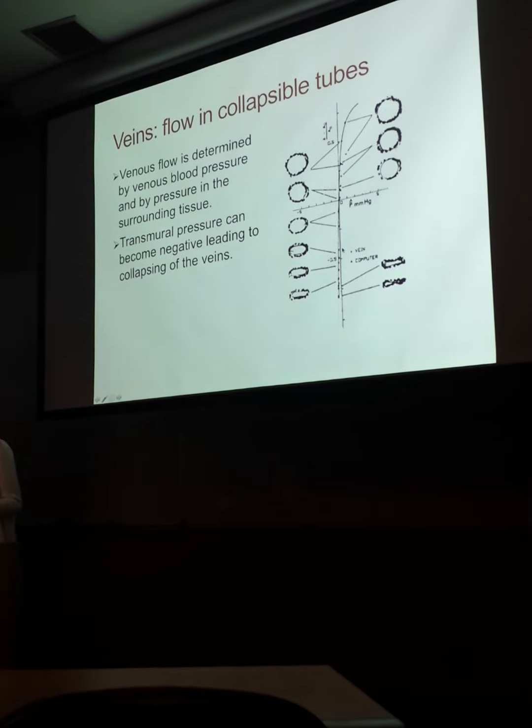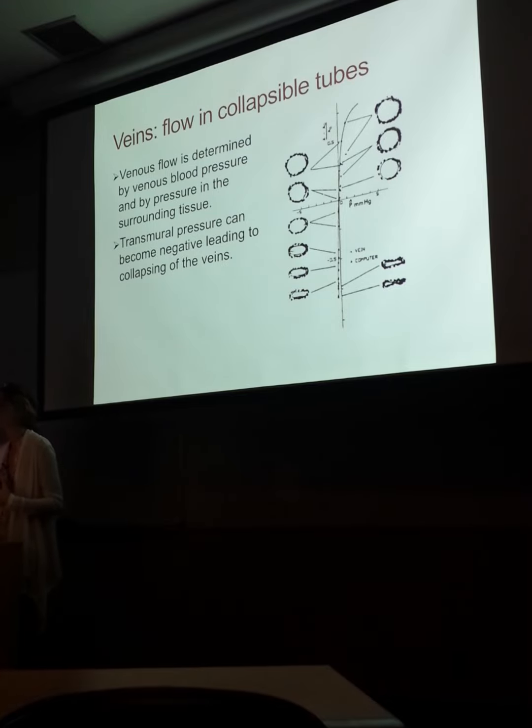Okay, and then this is another study where you can see another deviation from the ideal case is the fact that the veins are really a bit collapsible, as we said, based on pressure from the surrounding tissue.